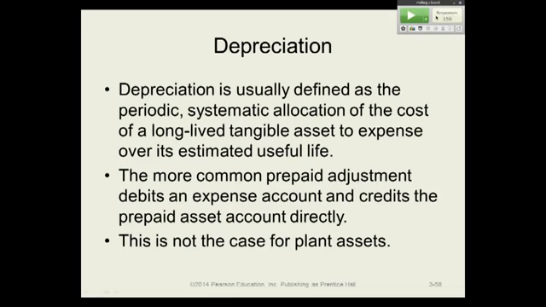What we're going to do when we make this adjustment is, the adjusting entry is going to be a debit to what we call depreciation expense, and whatever that number may be, we'll get to that in a second. And we're going to credit an account called accumulated depreciation.